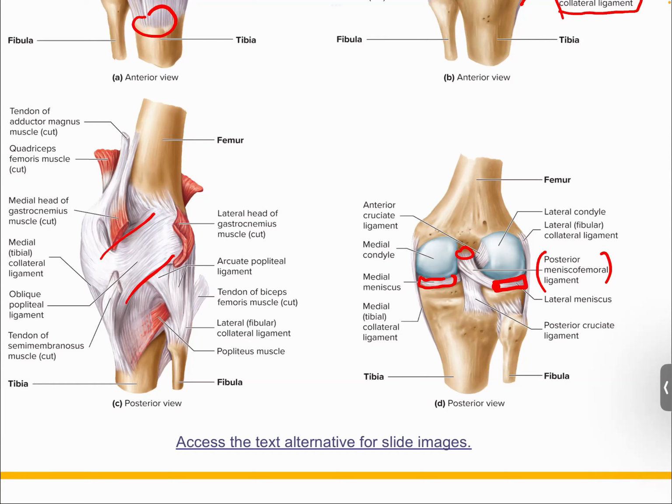And of course your posterior cruciate ligament, your PCL, is reaching down and grabbing onto the backside of your tibia. So you can see here's your anterior cruciate ligament as it goes in the front, and your PCL coming down as it goes in the back.